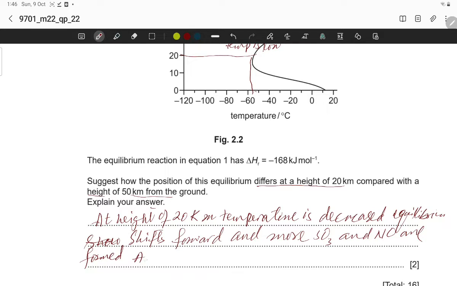At 50 kilometer height, temperature is increased.